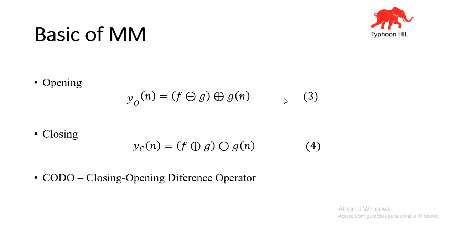If you apply an erosion filter to the dilation output, we have an opening filter, and if you apply a dilation filter to the erosion, we have a closing filter. The difference between the opening and closing filter we call CODO: closing, open, and difference operator. We are going to see in the simulation that this filter implements these functions and can block the distance relay.